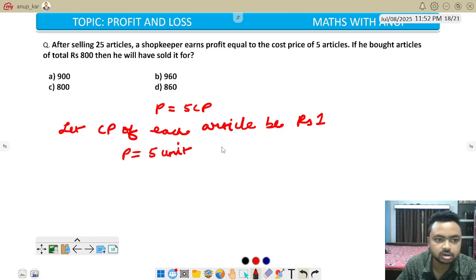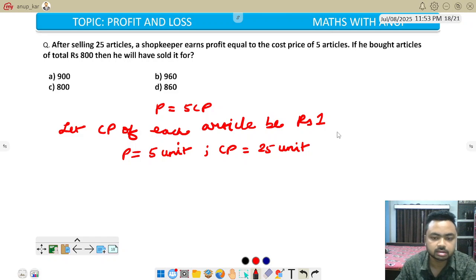and as I have sold 25 articles, I have definitely bought also 25 articles. So my selling price will be equal to 25 plus 5, that is 30 units, because selling price is equal to profit plus cost price.